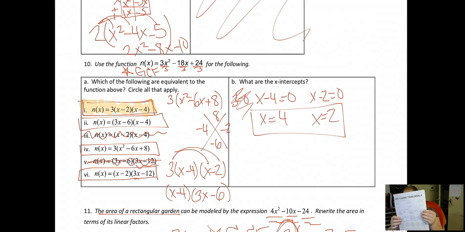I did give out a sheet that says the greatest common factor, and I did give out one more that said solving quadratics. You should have all of those available to you. There will be answer keys for you to check with on Monday or on Tuesday before you test, but I don't recommend leaving it till Tuesday. And that is it.